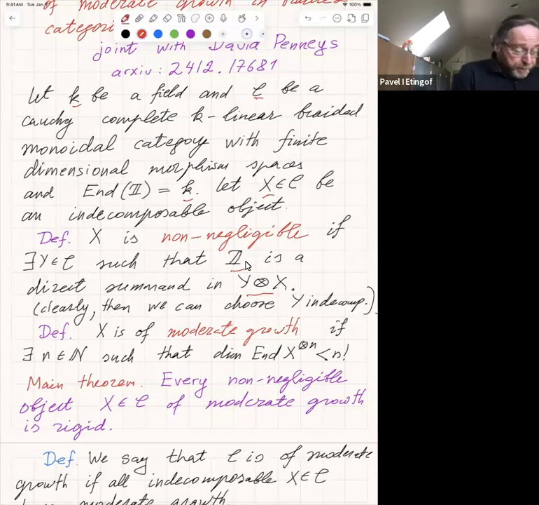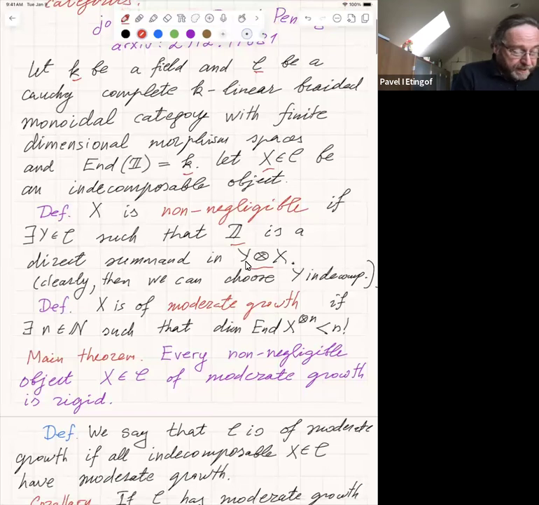And the main theorem that we prove with Dave is that every non-negligible object X of moderate growth in the category C is rigid. Non-negligibility is a very weak version of rigidity.